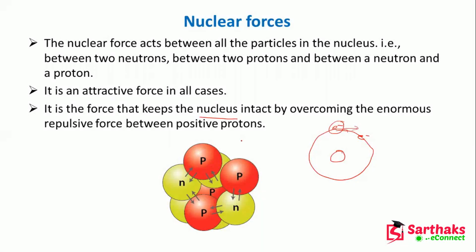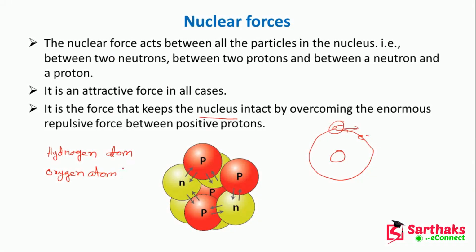I'm not going into much detail in this lecture, but you should remember one thing: in one atom, it may be a hydrogen atom, it may be an oxygen atom, you can see that you have two parts.